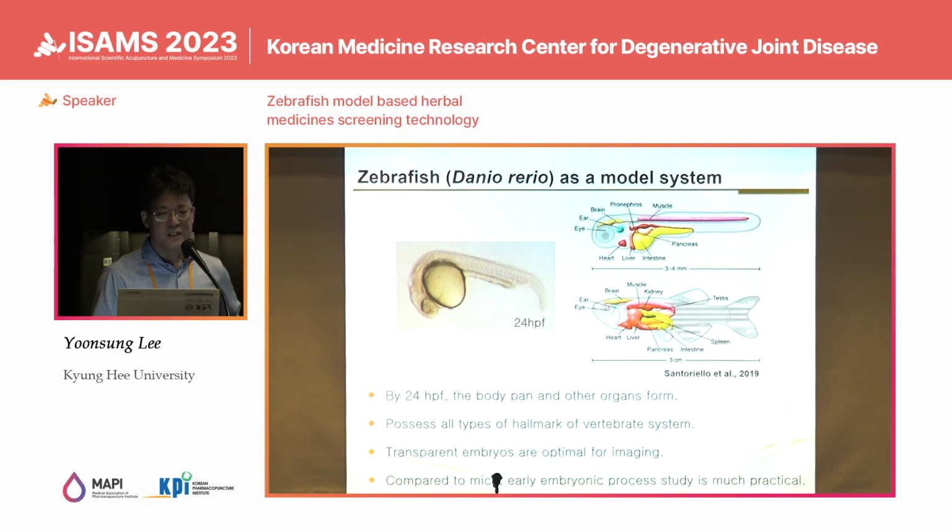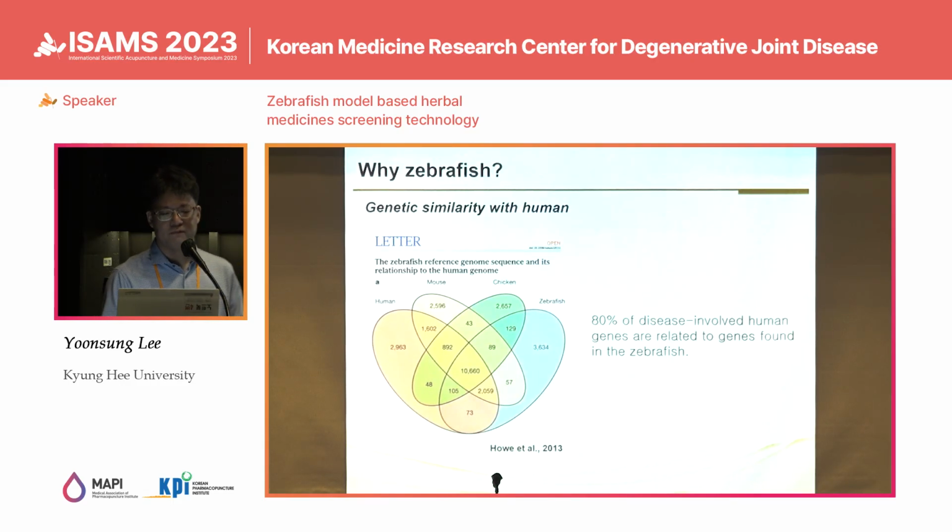So including this type of advantage, why zebrafish for biomedical research? The first thing is its genetic similarity with human. It was almost 10 years ago, when bioinformatics studies were just revolutionizing all types of systems biology, that scientists found each different model system has its unique genome information.